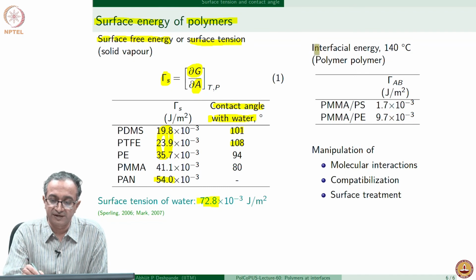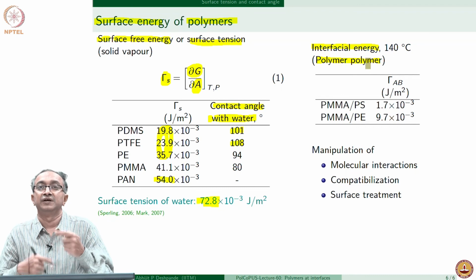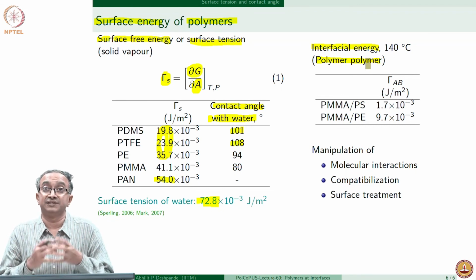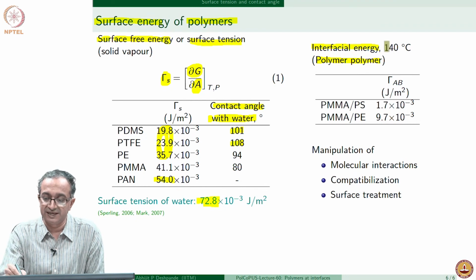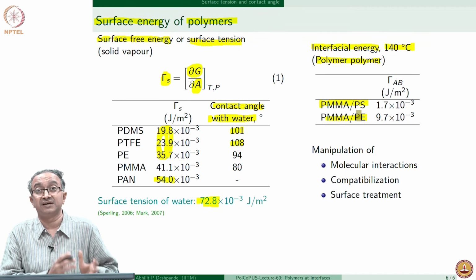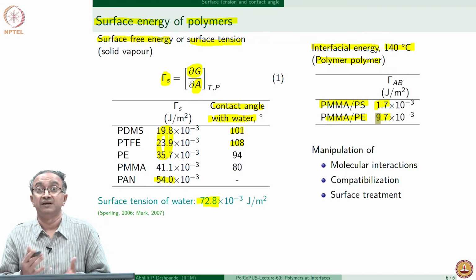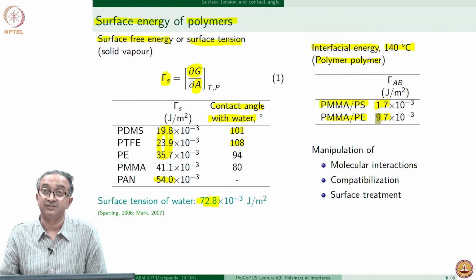We can also look at interfacial energies when we have a polymer-polymer interface. In case of blends, mixing, processing, such melt interfaces may be very important, and in this case at a high temperature, polymethyl methacrylate and its interfacial energy is given, and you can see that it can be an order of magnitude difference between the interfacial energies.